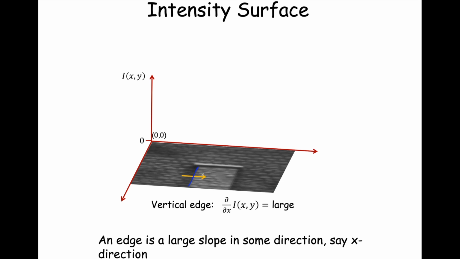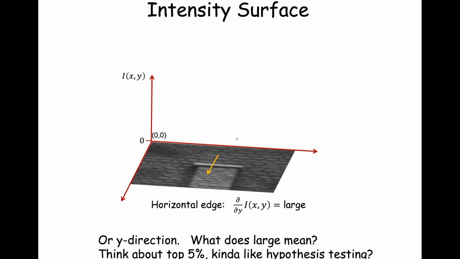And so a vertical edge is nothing more than a local slope in the intensity surface where the scan line along the x direction had a very large slope, a very large value for the derivative of this intensity function in the x direction. And so an edge is nothing more than a large slope in some direction, for example, the x direction. And if we can do it in the x direction, certainly we can do it in the y direction. And so a horizontal edge in the image represents a change along a scan line in the y direction, going from dark, dark, dark, all of a sudden light when we get to this point.